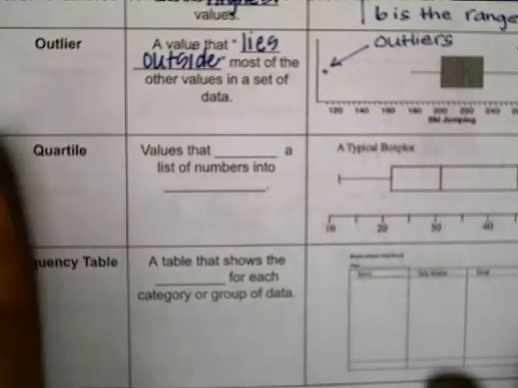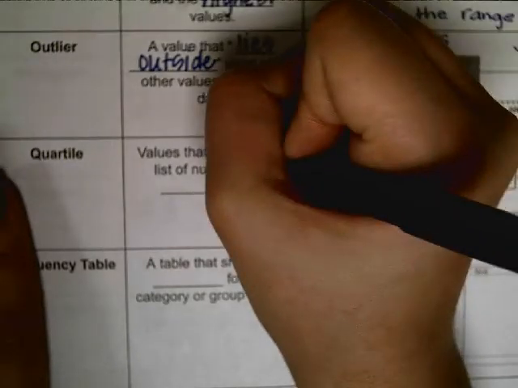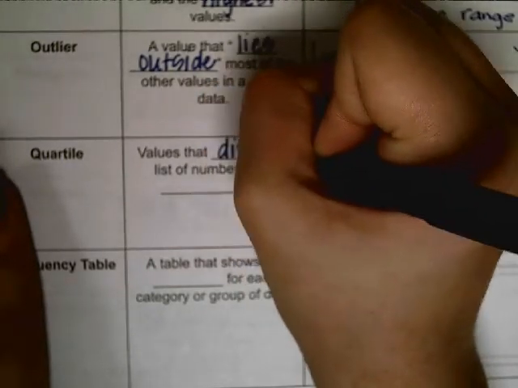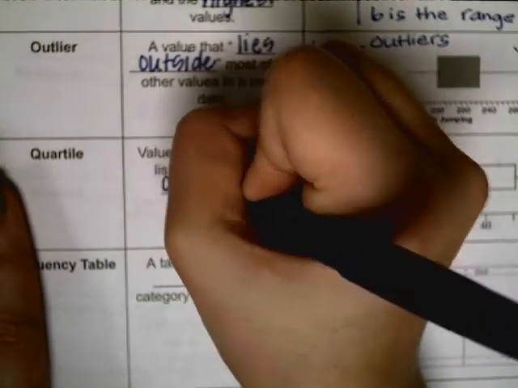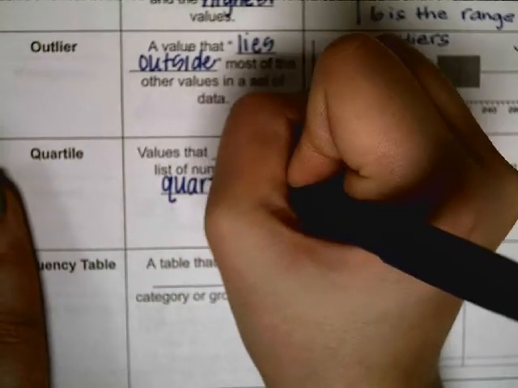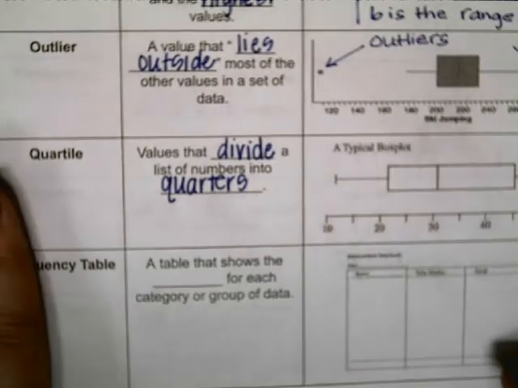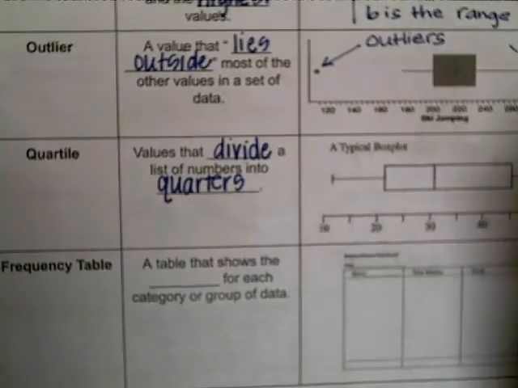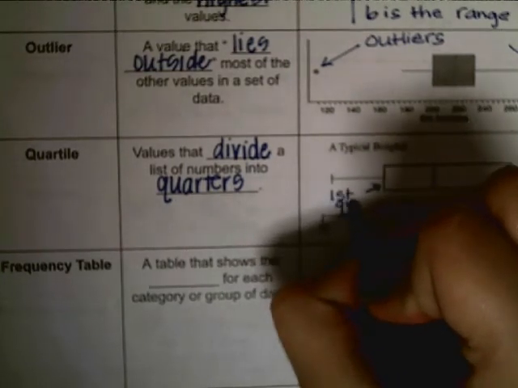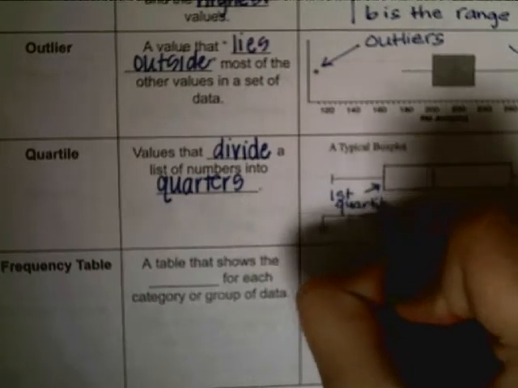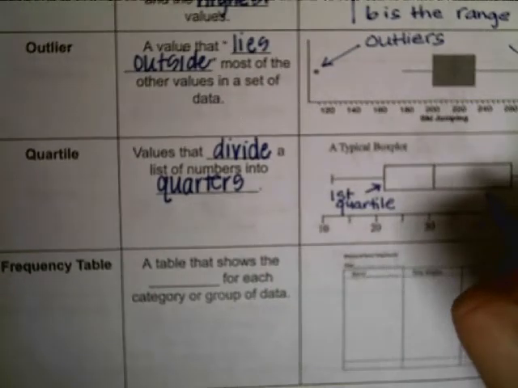Quartile. Values that divide a list of numbers into quarters. You have 3 different quartiles. You have your first quartile, which is again your lowest.